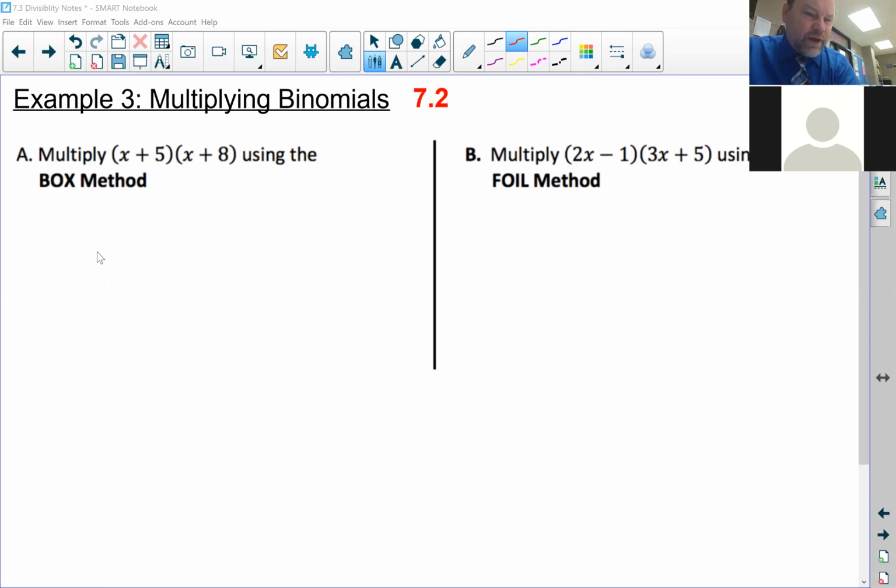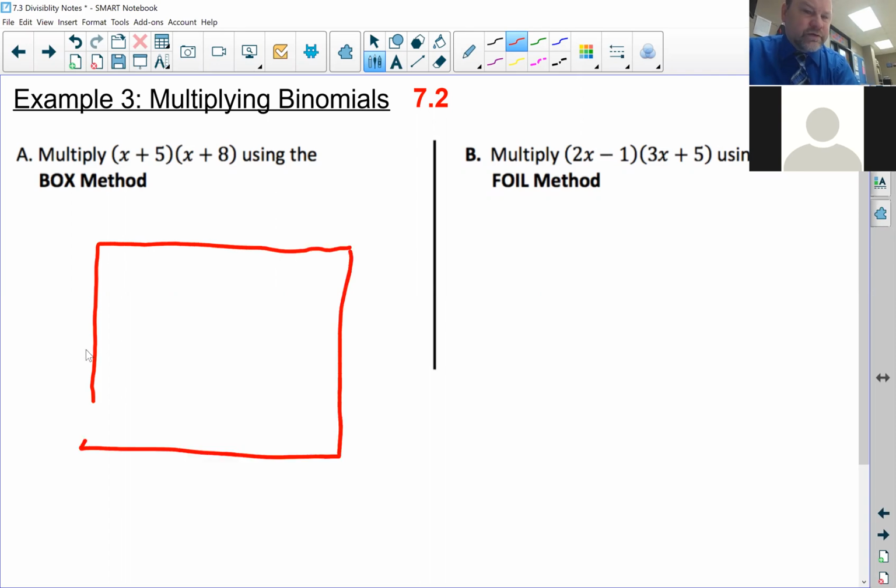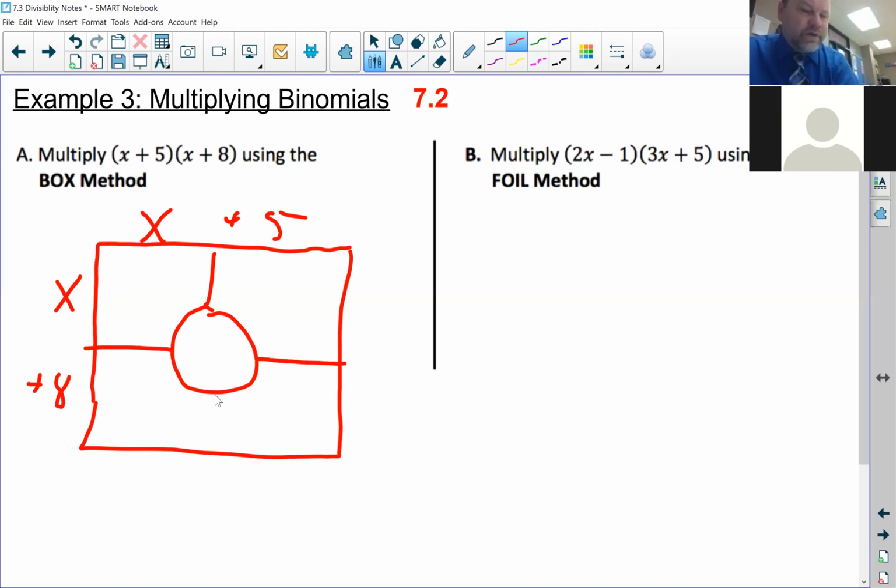So we draw a box. I always put that circle in the middle. And we divide that box by the terms that are on the outside.